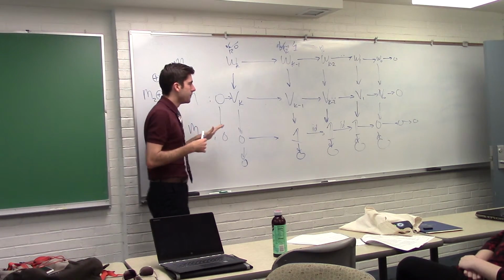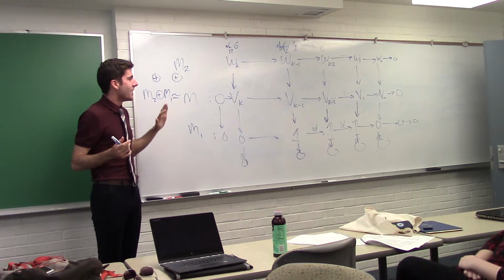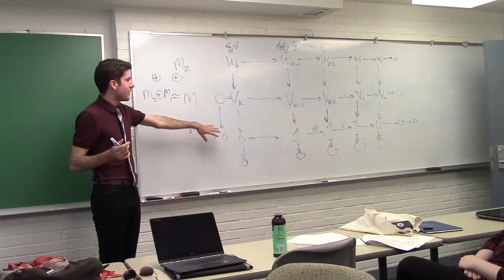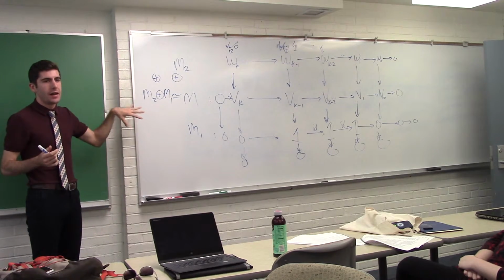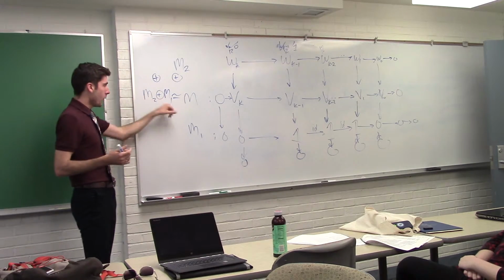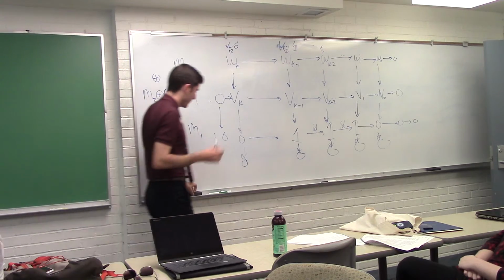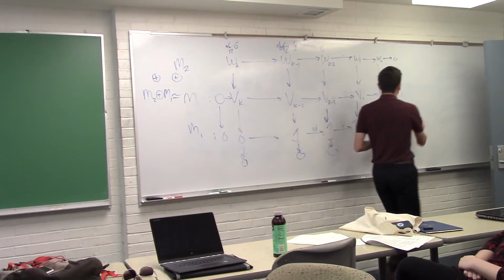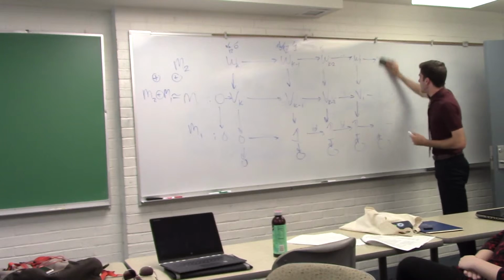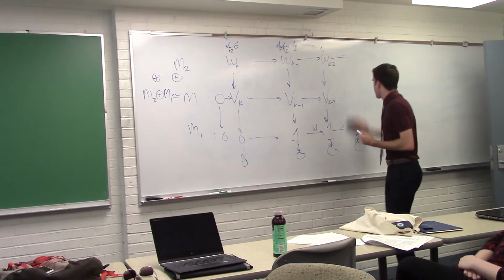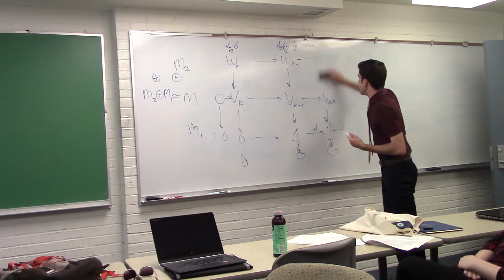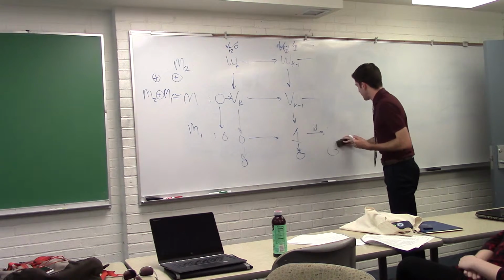Now, just because you're questioning me on why we need this condition for it to split, and why we need this irreducible condition, I'll give you an example of a morphism of modules that doesn't split.